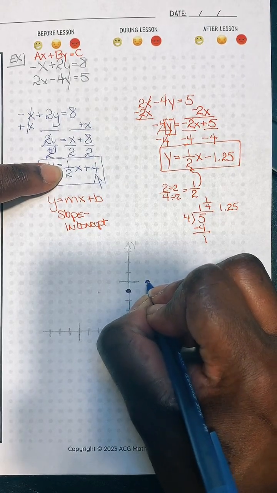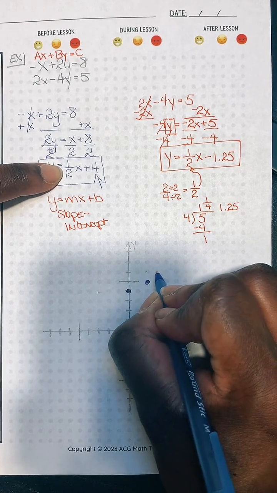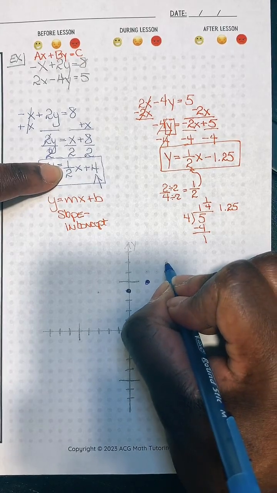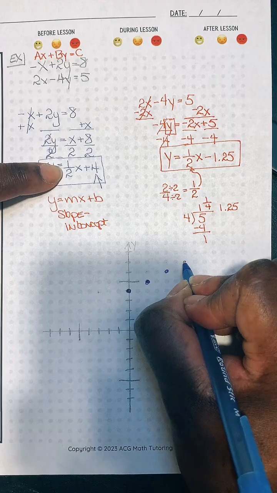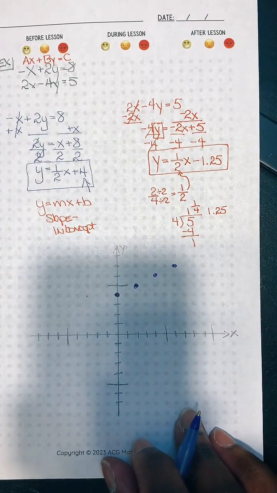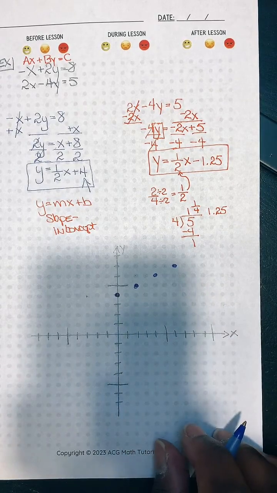I could repeat this process again. I can go up 1 over 1, 2. Up 1 over 1, 2. Okay, you see how it's forming a line? I'm going up 1 and over to the right 2.